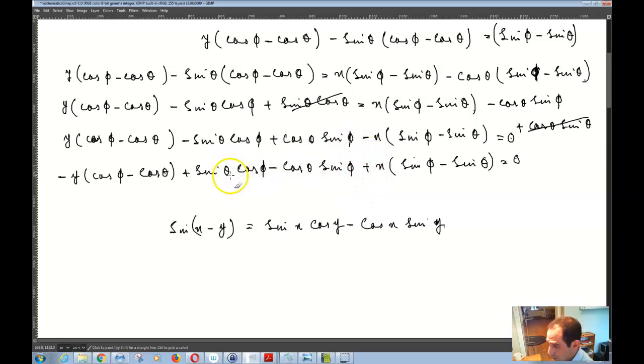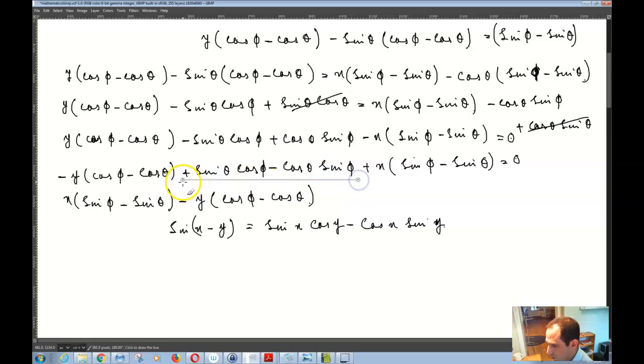So now I can write this as basically x times (sine phi minus sine theta) minus y times (cos phi minus cos theta), and then these two terms over here, sine theta cos phi minus cos theta sine phi, I can write as plus sine of theta minus phi.